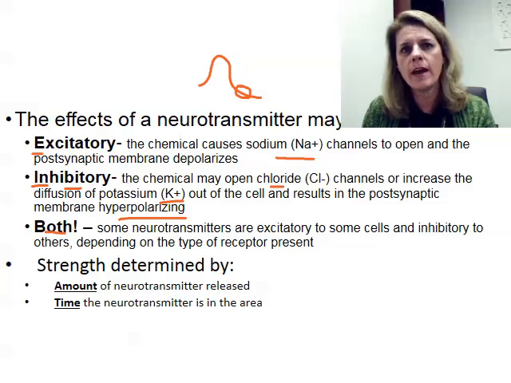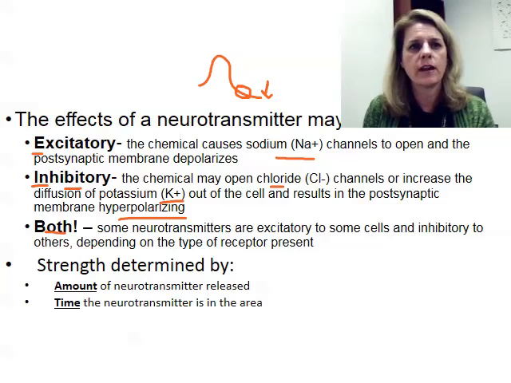If you're going away from threshold, so if you're taking the membrane potential even further down, more negative, then it's going to be harder for that action potential to occur. So it's going to hyperpolarize the membrane. So it can either excite it by depolarizing slightly the membrane or inhibit it. Some neurotransmitters do both. It just depends on the type of receptor.